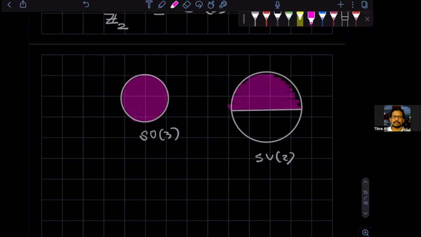Okay, I think the way to prove this is to assume that there is a non-trivial matrix in SU2, apart from 1 and minus 1, well, okay.